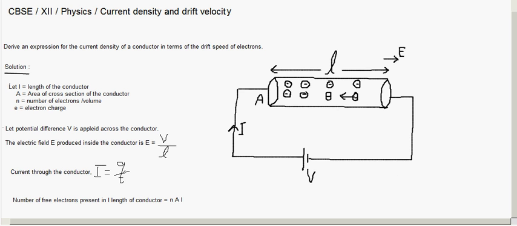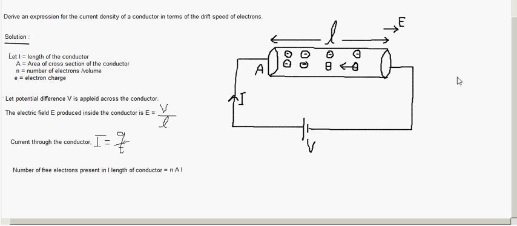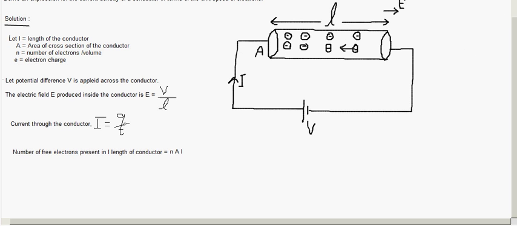Therefore total charge contained in length L is Q equal to e into nAL, where e is the charge of an electron.